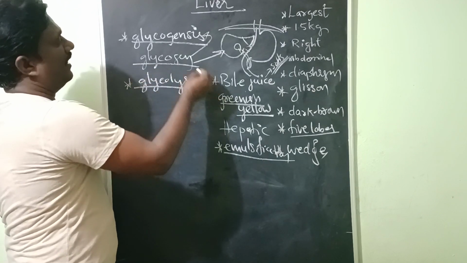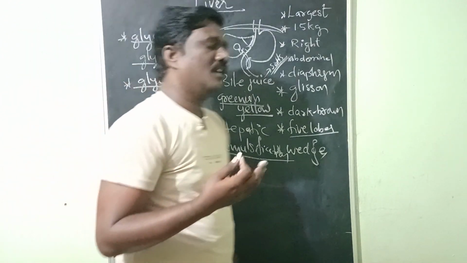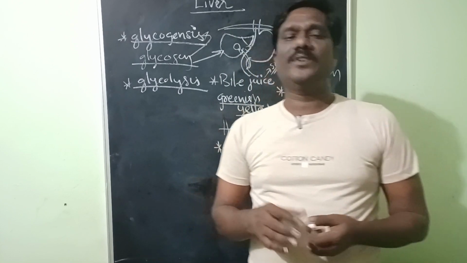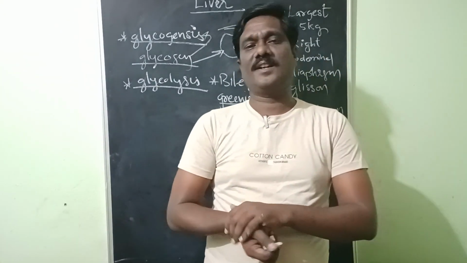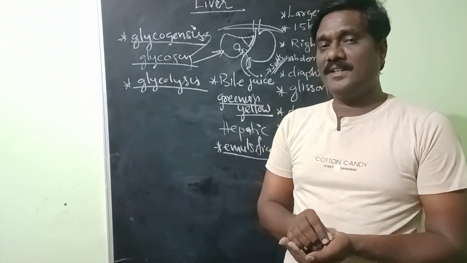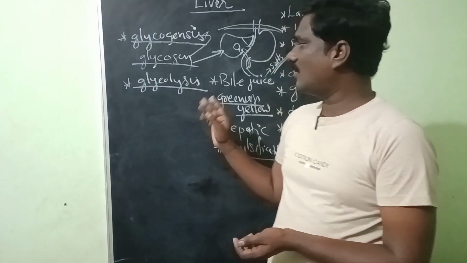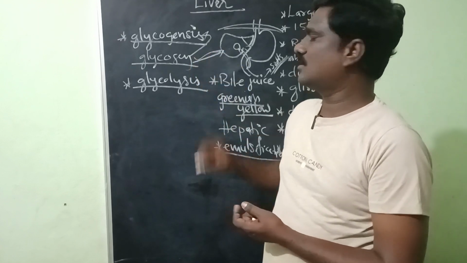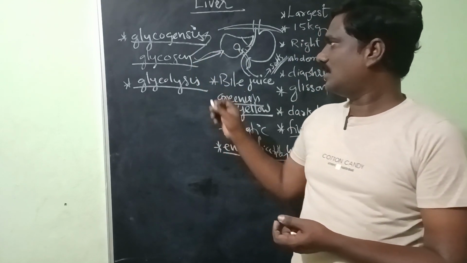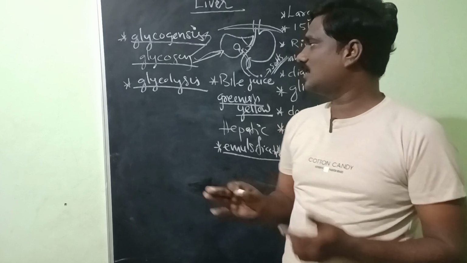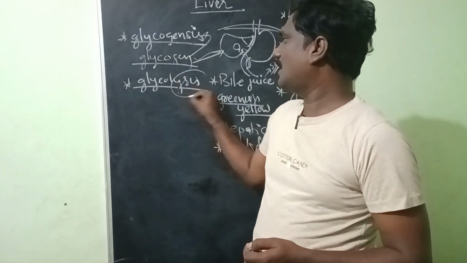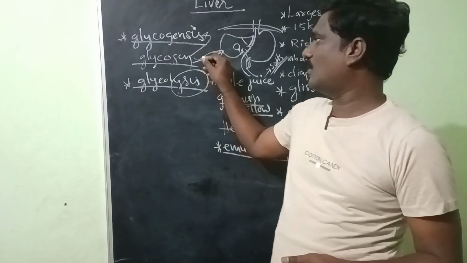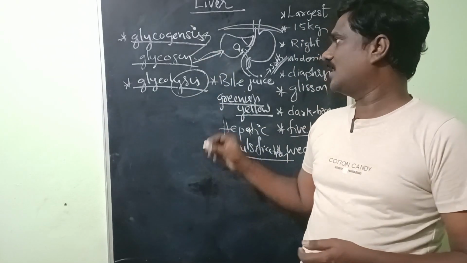Glycolysis means whenever the blood sugar level falls in our blood circulation, then we need energy for the functioning of our organs. At that time, the hepatic cells convert the stored glycogen by lysis, that is splitting the glycogen into glucose, and send it into the blood circulation.